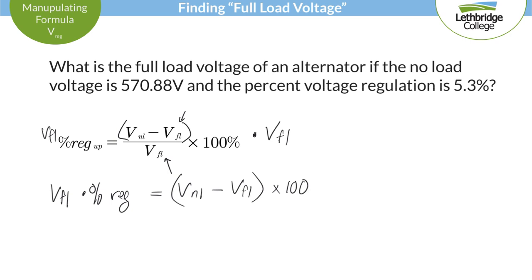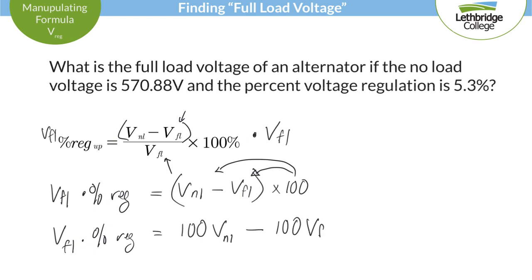Now last time I divided each side by 100, but I think it turns out that it's easier to do what I'm about to show you. You could divide by 100, but I think it's easier to distribute that 100 into each of those. So it's a distributive law. So I have VFL times percent reg is equal to 100 VNL minus 100 VFL.